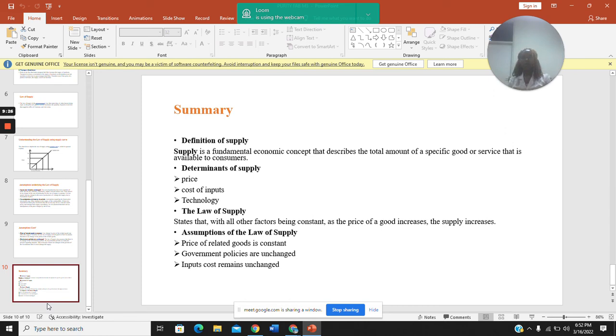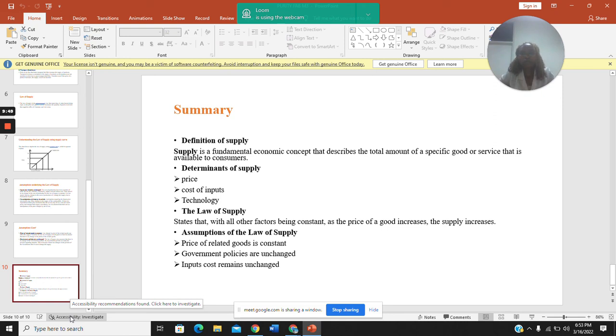We have also talked about determinants of supply, of which one is the price, and you have seen using a chart that when the price of a good rises, the quantity supplied will also increase.